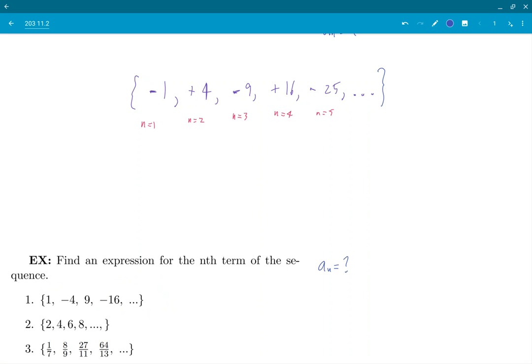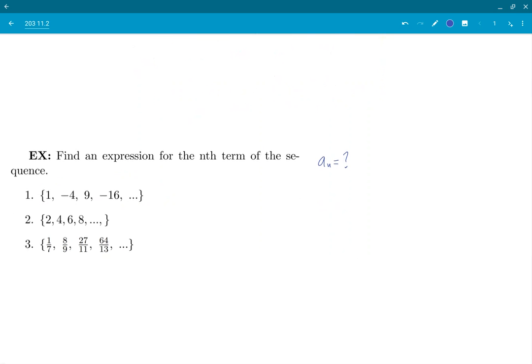So this requires a bit more ingenuity. How about the first one? What do I notice? This is 1 squared. This is 2 squared, 3 squared, 4 squared.